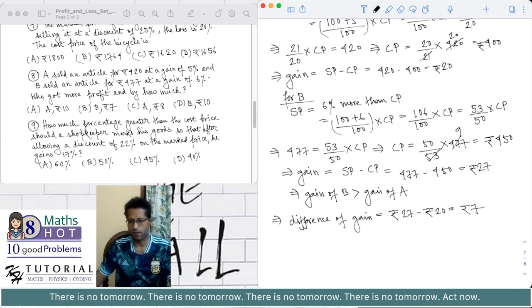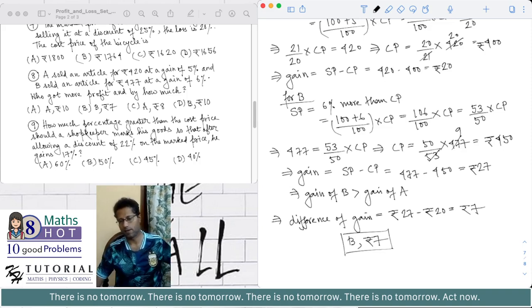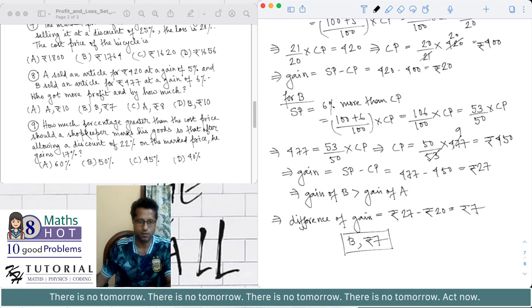So the answer will be B, rupees 7. So the gain of B is greater than gain of A, and the difference of the gain is rupees 7. So the answer is choice B.